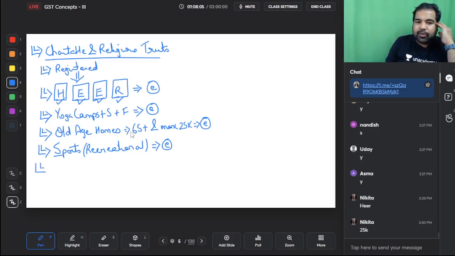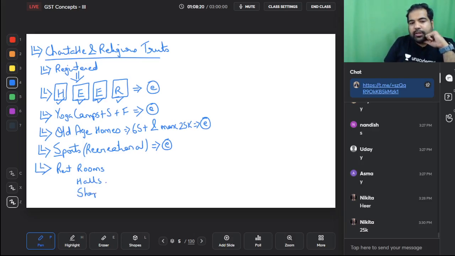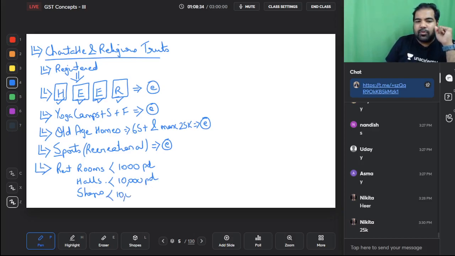And last, guys, if you're a religious trust like Tirumala and they have rooms which they rent out, some halls which they rent out, and around their temple there are some shops which they rent out, then if the rent is low, it will be exempt. How low? Rooms less than 1,000 per day, halls less than 10,000 per day, and shops less than 10,000 per month.